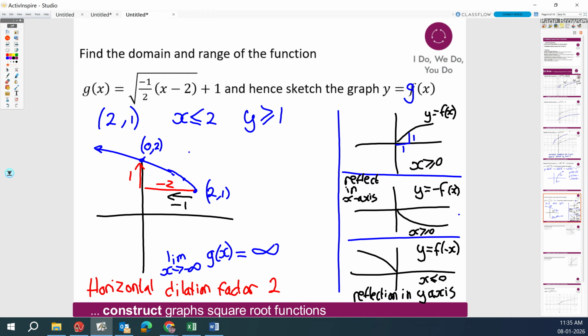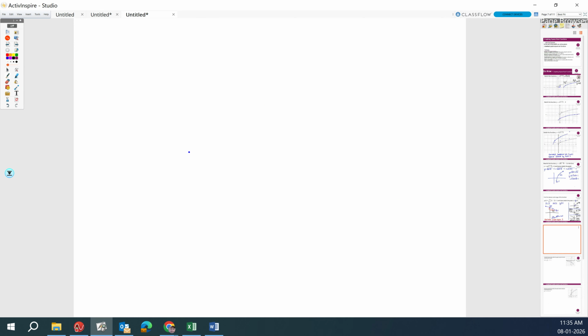Any questions? What if the half was a vertical dilation? Would it be considered a compression or a stretch? Because it's not in the root. So the dilation is always the denominator?